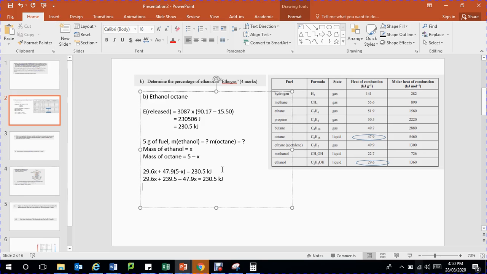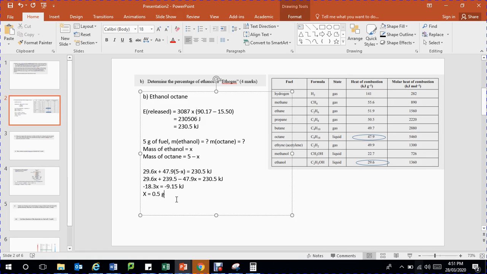Then if I simplify my like terms by grouping them, I've got negative 18.3x, and that will equal negative 9.15 kilojoules. So then that will tell me that x is equal to 0.5 grams. So by using my algebra, I've been able to work out that the mass of ethanol in the 5 gram sample to release 230.5 kilojoules, I need 0.5 grams of it.